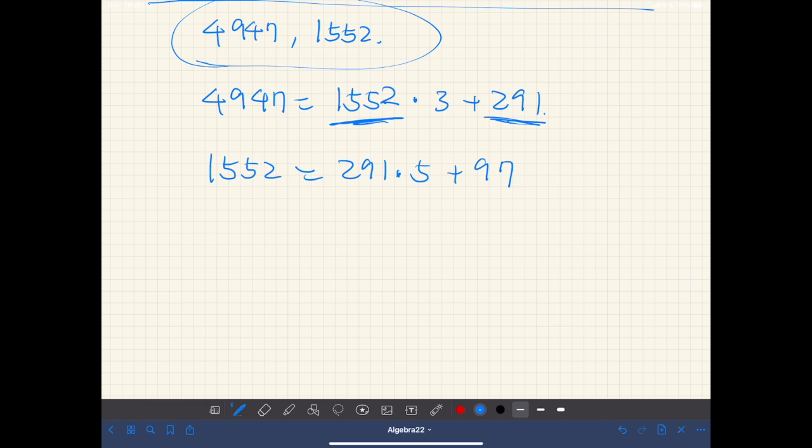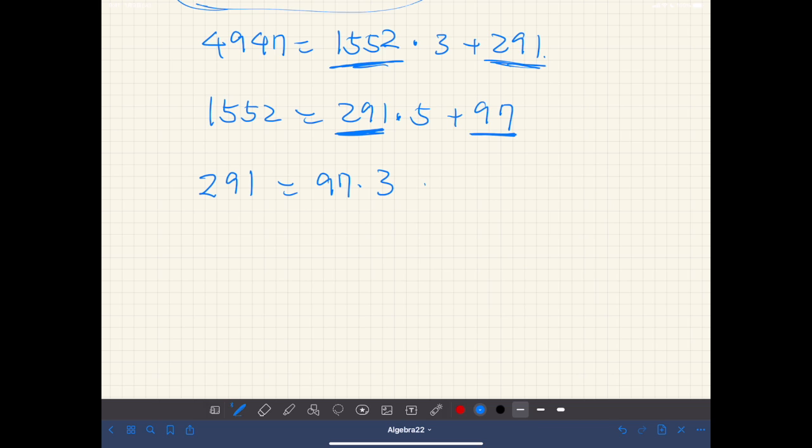Now, we divide this number 291 by this remainder 97, and that would be 97 times 3, and in this case the remainder is 0.